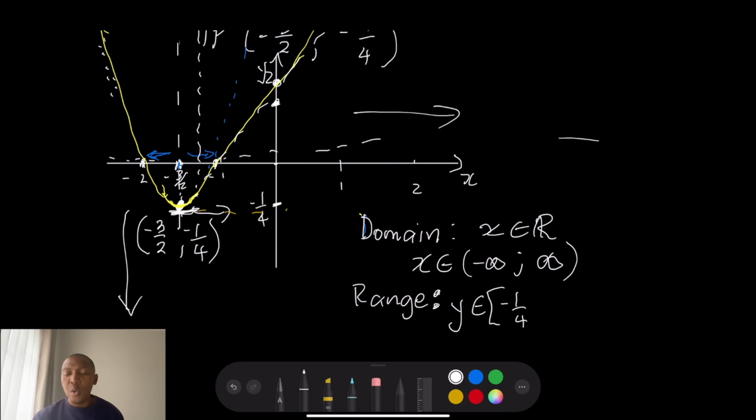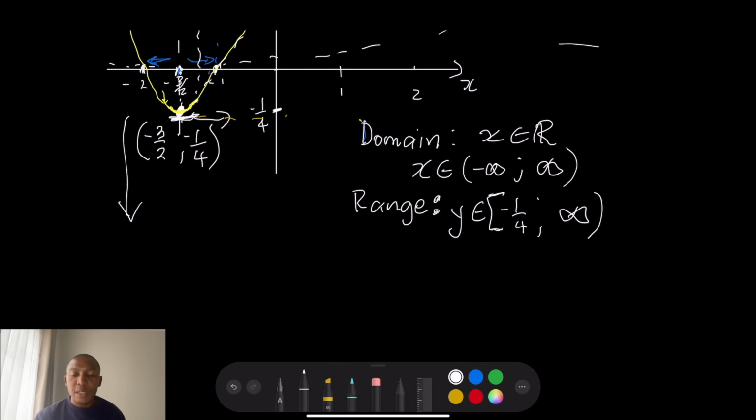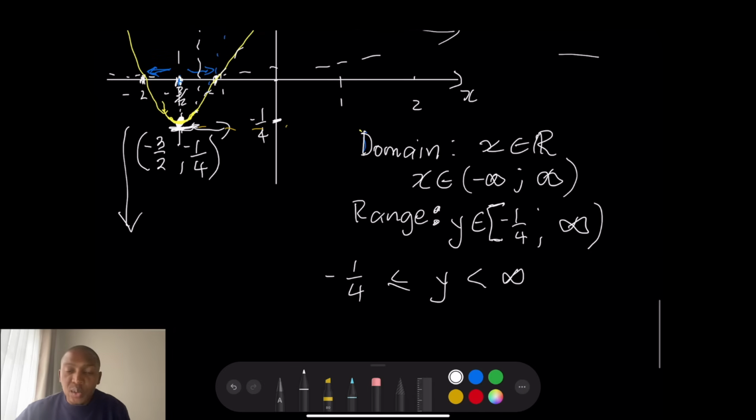We are including it, now when we use square brackets, we mean that we are including it because it does exist over there, up until positive infinity, and we are going to exclude that. Alternatively, you can express that as y is less than infinity, but it's greater than or equal to -1/4, I should say, because we are including it there, and that would be your range. Right, so that is how the cookie crumbles.